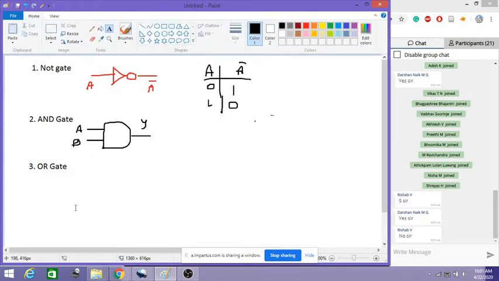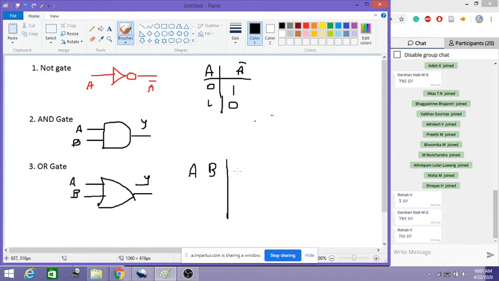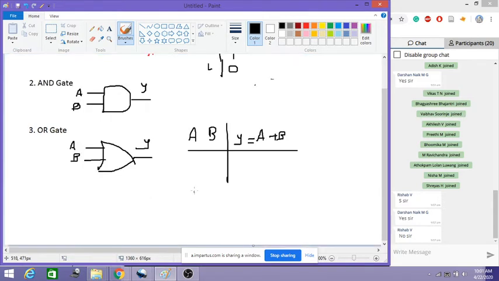Take the inputs A, B, and the output is Y, where Y is equal to A plus B. We know the truth table: 0, 0, 0; 0, 1, 1; 1, 0, 1; 1, 1, 1. How do we read it? The output is 1 when any one of the inputs is 1, either A or B. If both are 1 also, the output is still 1. This is how we read the OR gate.